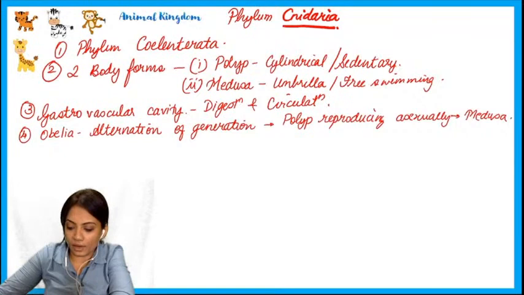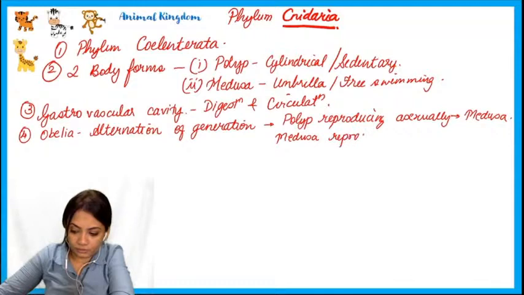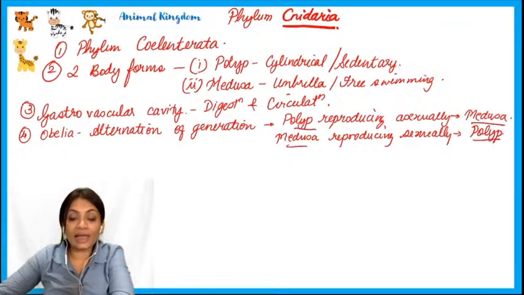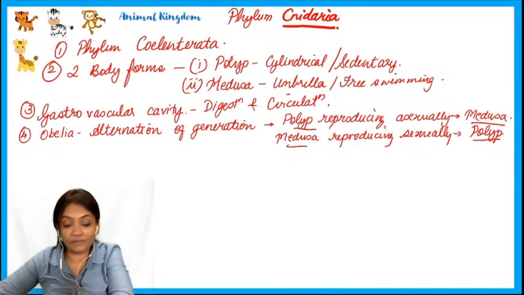Okay, then medusa was reproducing sexually to form back to polyp. So polyp became medusa and medusa became polyp, which is why we're calling it alternation of generation.